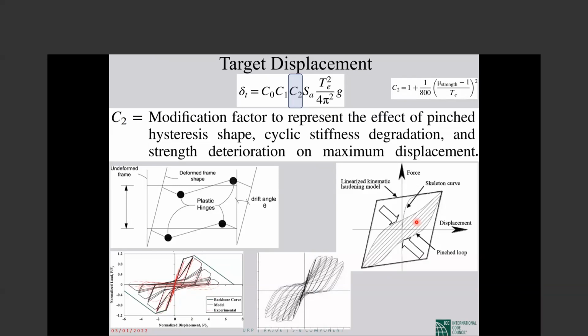And because their detailing is deficient, in each cycle something happens to them: more degradation in stiffness, more strength deterioration in each cycle. So the effect is more pronounced for buildings with a small period.